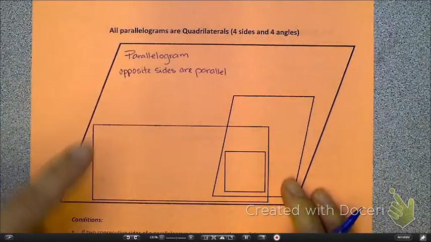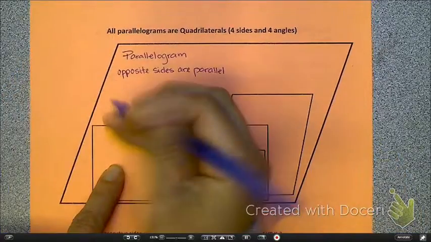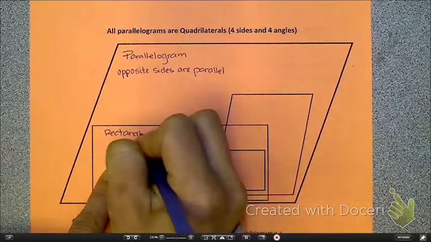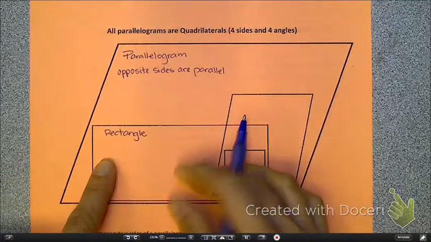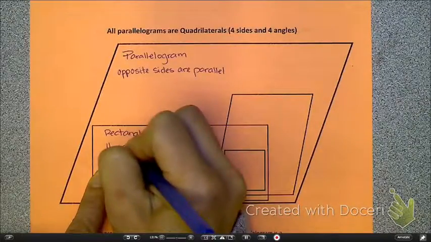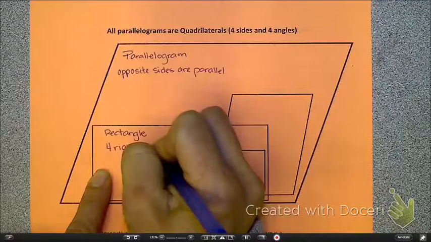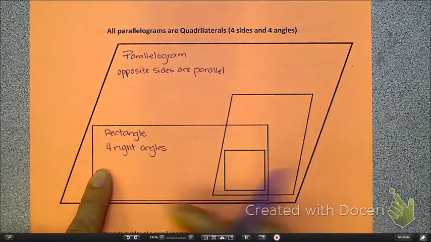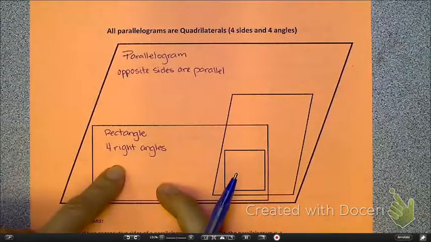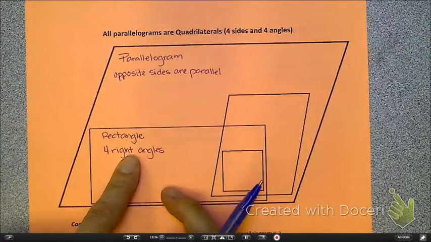So, this shape right here, this one is the rectangle, okay? And the properties of a rectangle are going to be 4 right angles. So, in order to be a rectangle specifically, it is a parallelogram that has 4 right angles.